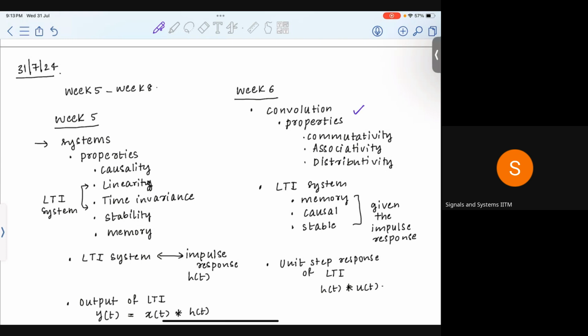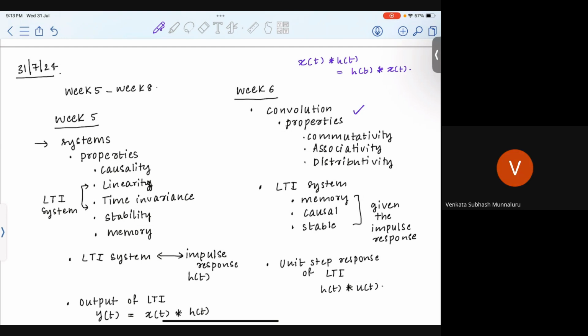Can someone say? We can change the order of the system. So commutativity implies x of t convoluted with h of t is the same as h of t convoluted with x of t. What is associativity?